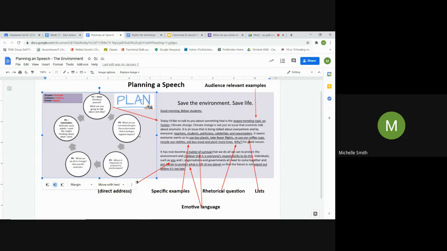So perhaps you could just take one example, which would be the fact that we're dumping all this plastic in landfill, and it's going into the oceans.